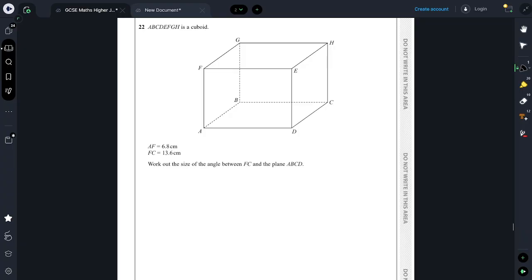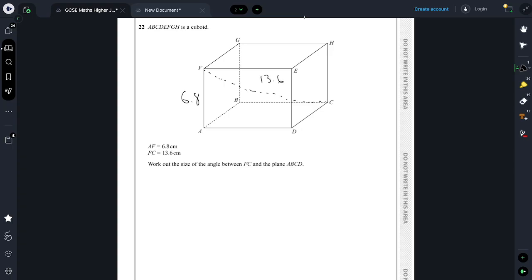Okay. Now on question 22. We have a 3D cuboid. AF is 6.8. Let's write that down here. FC is 13.6. Work out the size of the angle between FC and the plane ABCD. So plane is just a fancy way of saying the surface.